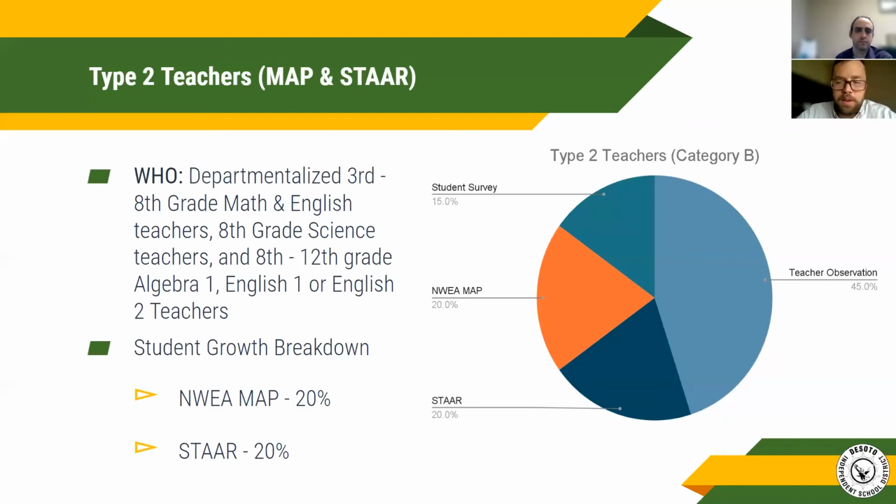Everyone in this category, your students take MAP at the beginning and the end of the year for growth, and you have a STAAR exam. And so the way that your points will be broken down for the TIA system was 45% T-TESS, teacher observation, 15% student survey, and then your 40% for student growth is broken down into 20% MAP and 20% STAAR. You go to the next one, Josh.